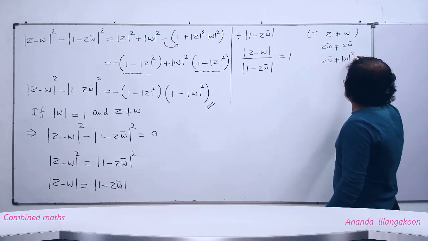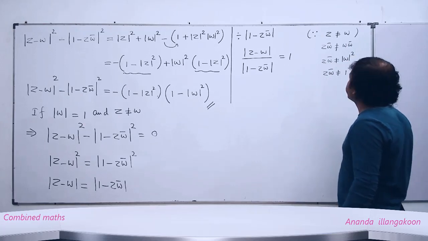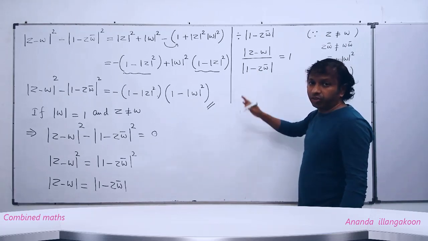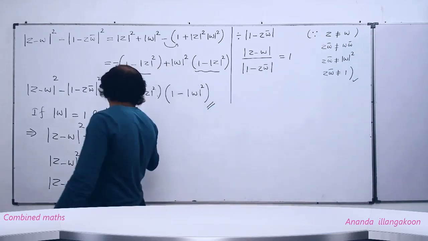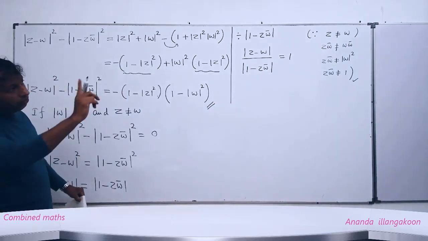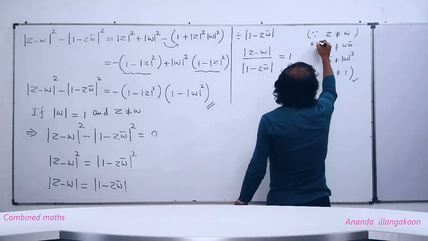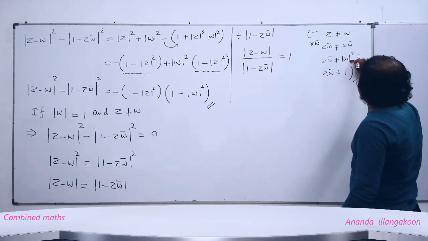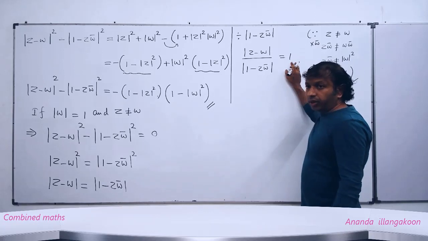Mod w perfect square is 1. Is that z w bar not equal to mod w perfect square, which is 1? Clear? These two are not equal. Then the difference will not be equal to 0. To give this idea only, to emphasize that only, z is not equal to w, given. Then I multiply both sides by w bar. Then we get like this. This is mod w perfect square. It's 1. Z w bar is not equal to 1. Okay, now we came up to this.